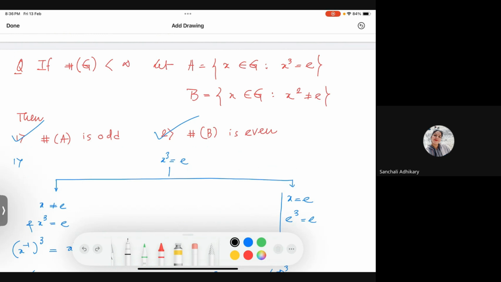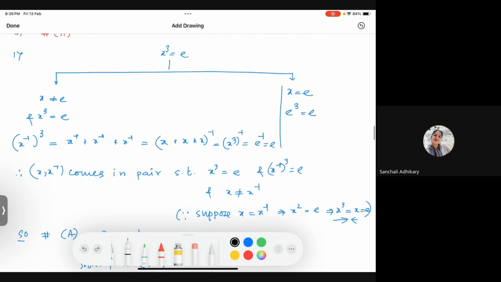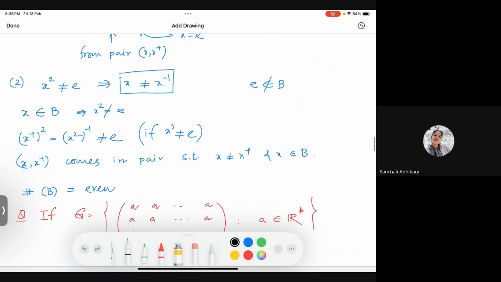Okay, so now do this question. x square is not equal to identity. So there are an even number of elements. Why? Since x square is not equal to identity, it means x is not equal to x inverse. Observe one thing: the identity element does not belong to the set.